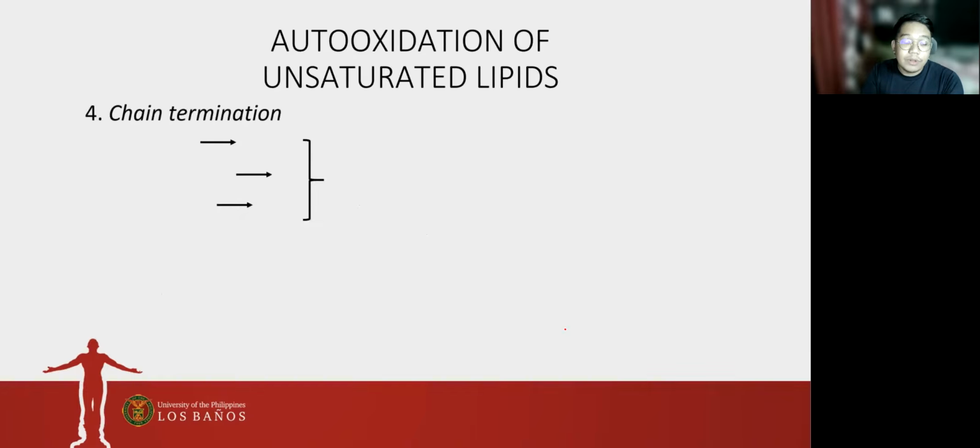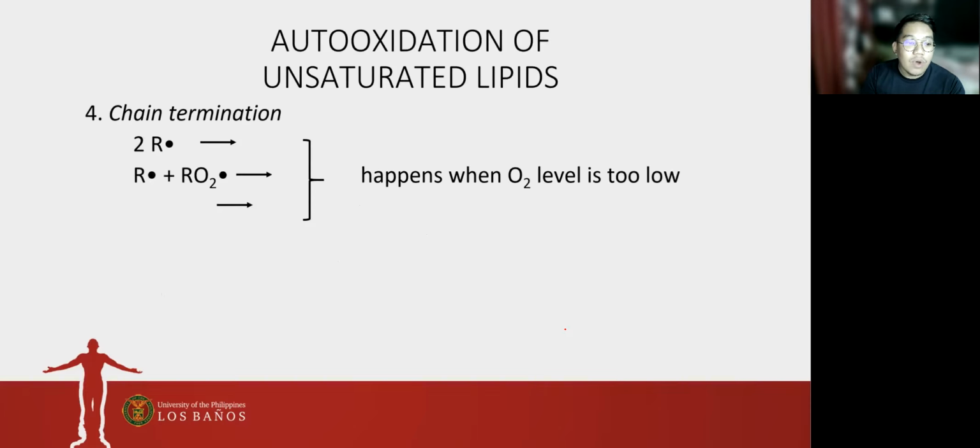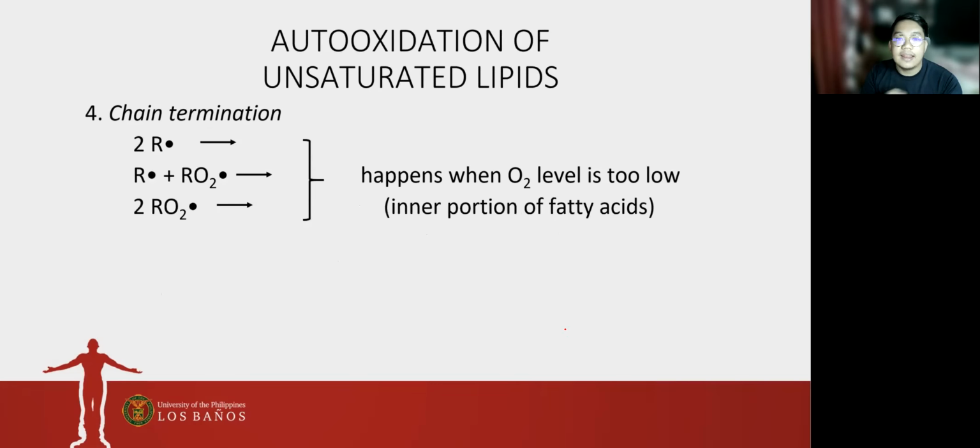Then ang ating step 4 will be the chain termination step. So yung mga radicals natin, magko-combine lang sila. So yung dalawang R radical, magpo-form lang sila into hydrocarbon, and tong R radical and RO2 radical, magpo-form lang sila ng ROOR, yan. So this happens when oxygen level is too low.